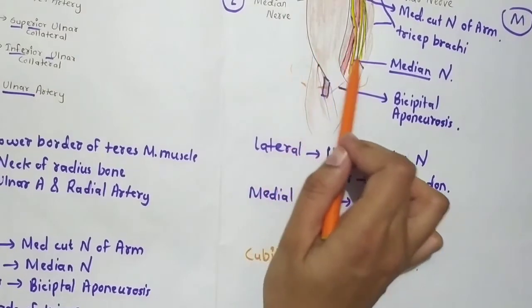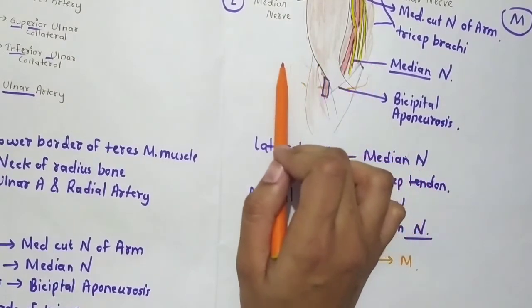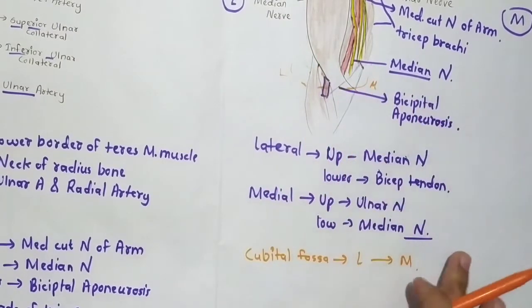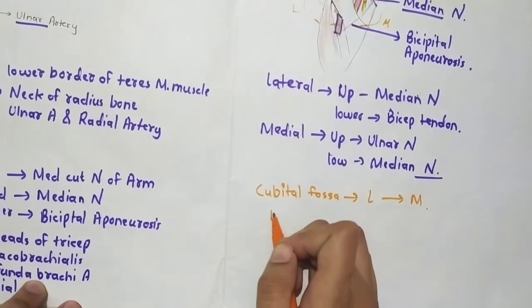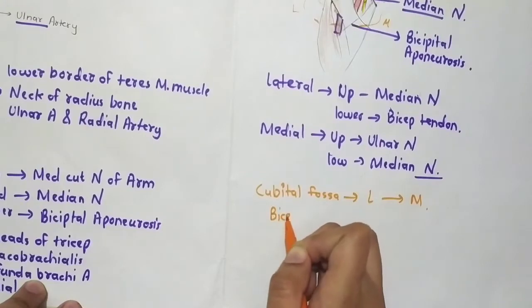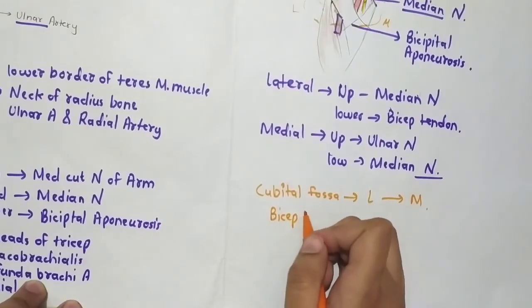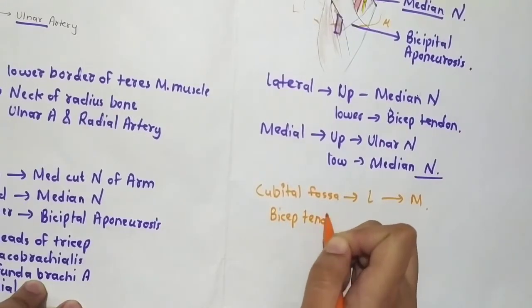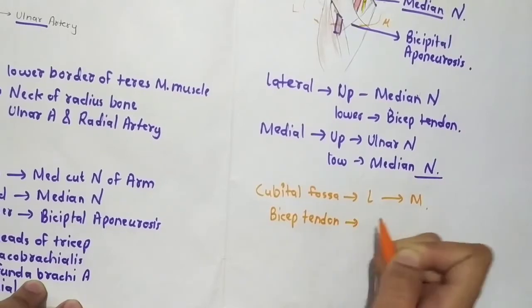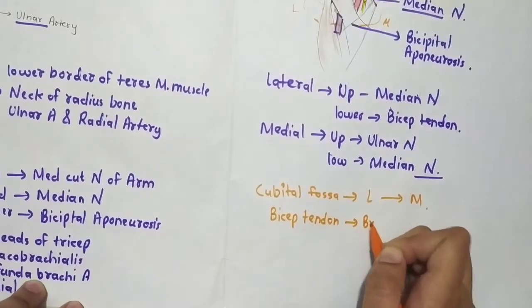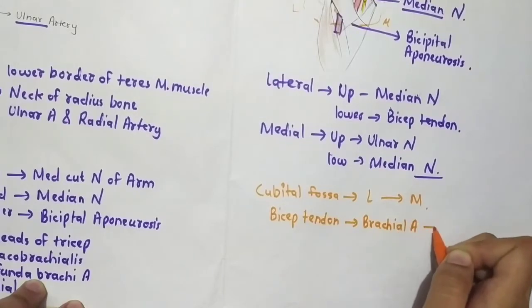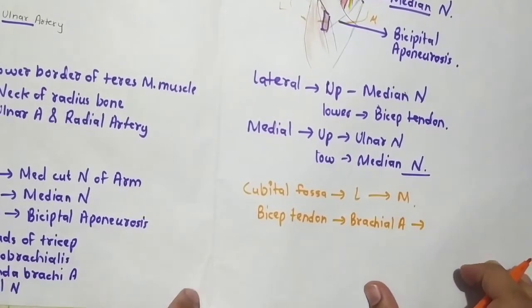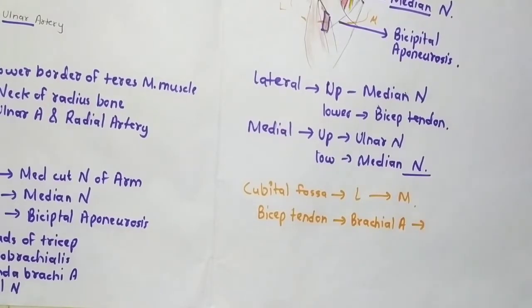We will see the sequence of structures from the lateral side to the medial side. The most lateral structure is the biceps tendon, the tendon of the biceps muscle. Then there is the brachial artery. Then there is the median nerve.